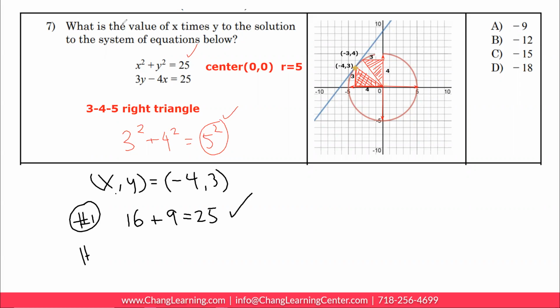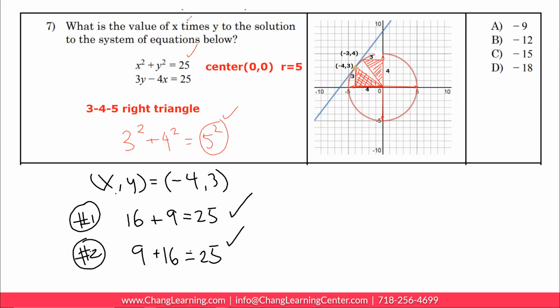And then for equation number 2, we have 3 times y. Well, y is 3, so 3 times 3 is 9. And then -4 times -4 is plus 16. And that's also equal to 25. So that is the solution for the system.